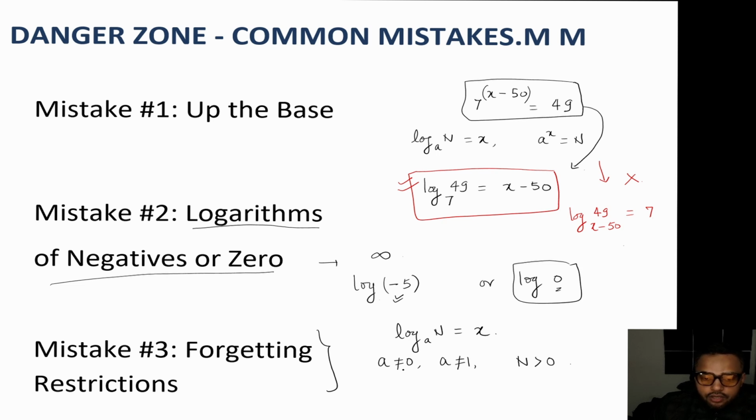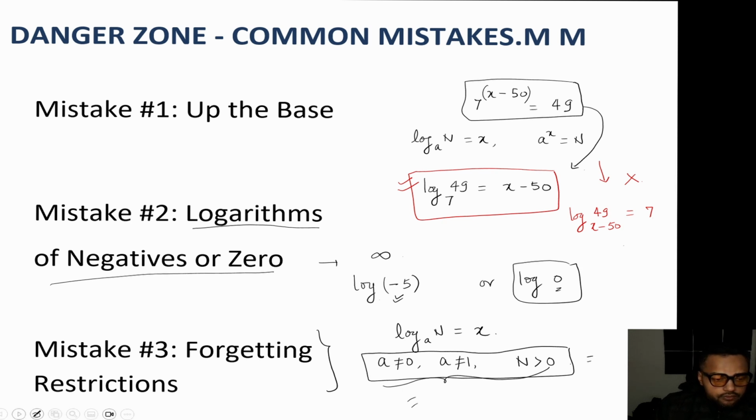Okay, these are the main restrictions which students usually don't care about. So we need to follow these as well: the base a can't be equal to 0, and similarly a can't be equal to 1, and n must be greater than 0. It can't be 0 as well. So these are mathematical necessities. It is not terms and conditions. This is how we need to calculate it, and this needs to be followed anyhow.